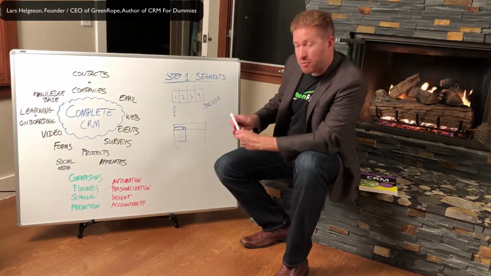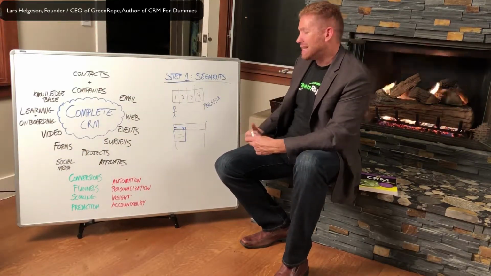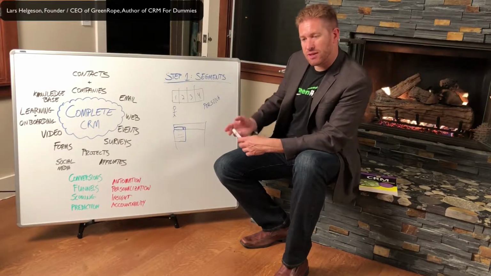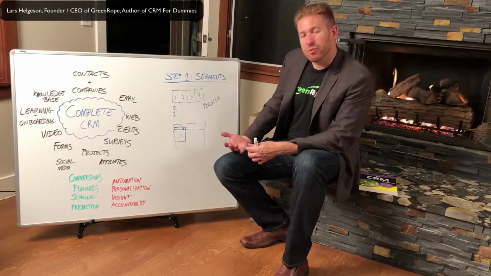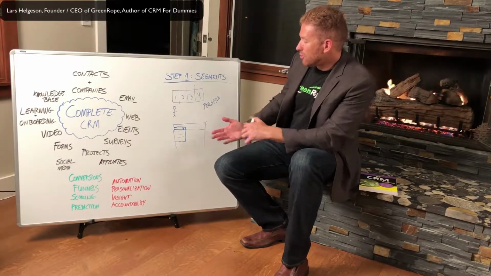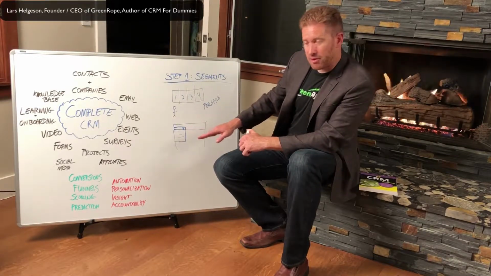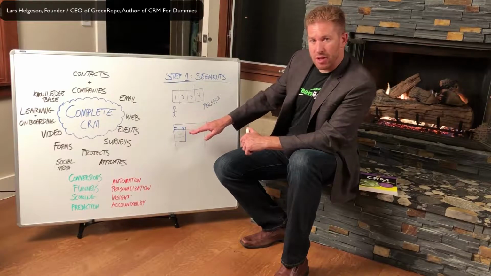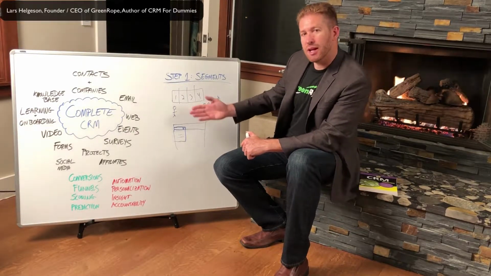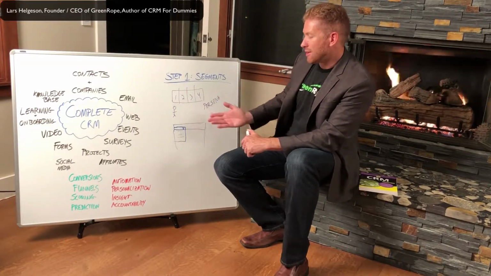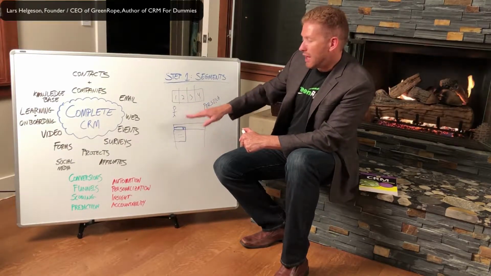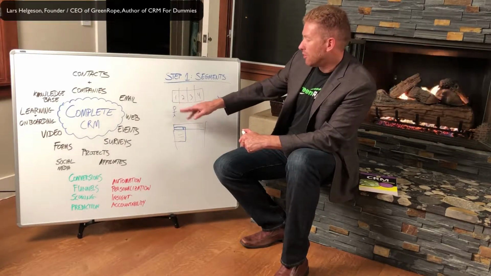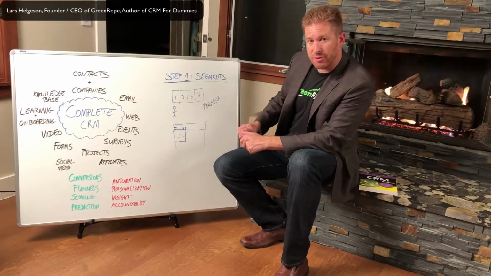You can have as many groups as you want, but the idea is that we use this as a way to categorize and segment all of the contacts that we have in our account. So we look at the different segments, and one segment might be a particular type of customer. We want to be able to pull out a group of people that are very similar to this persona.